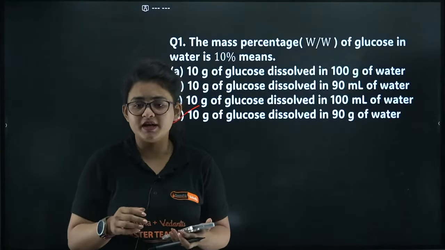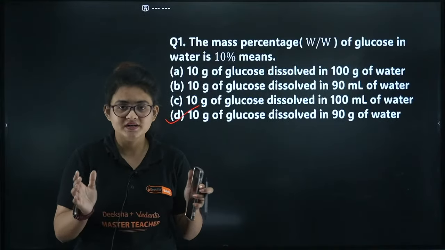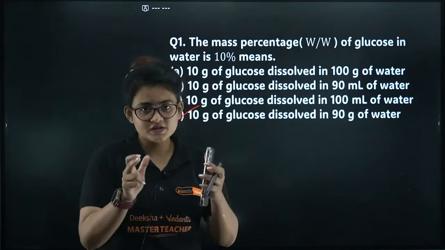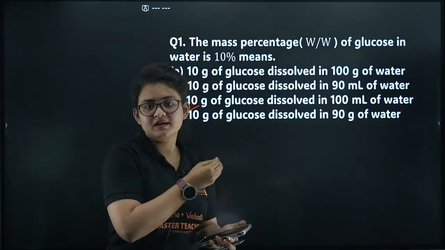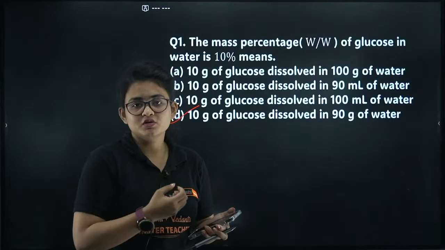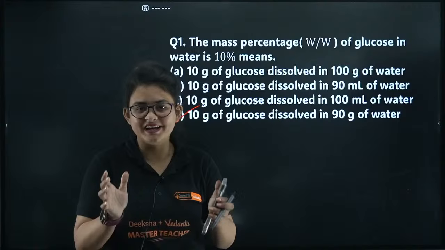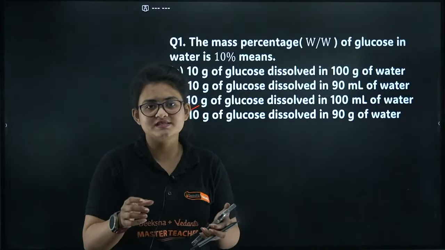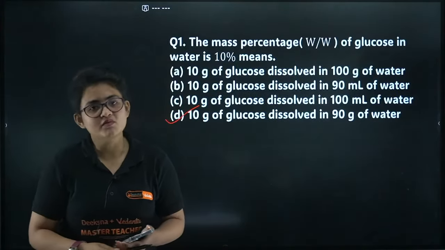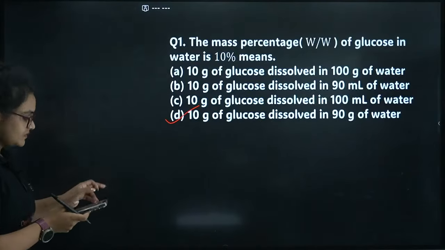Whenever it comes to weight by weight, 100 gram is the weight of the solution, and 10 gram they are mentioning is the glucose. So 10 gram is glucose, and 100 gram is the amount of the entire solution. So 100 minus 10, it is going to be 90 gram of water. Okay, so let's proceed further.